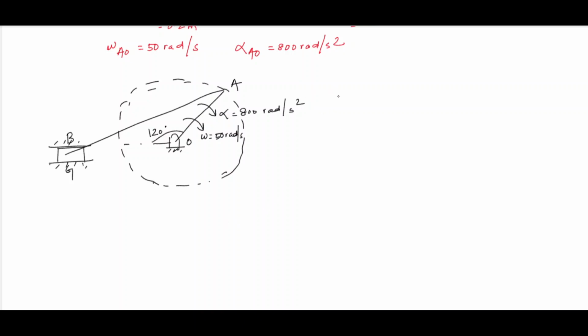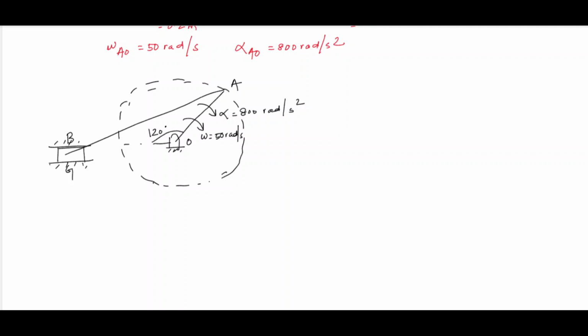So first, what is the difference in this particular question? Who can tell? We have alpha also given, apart from omega. So remember, in this type of case, we have to find both the radial and tangential components of the crank also.